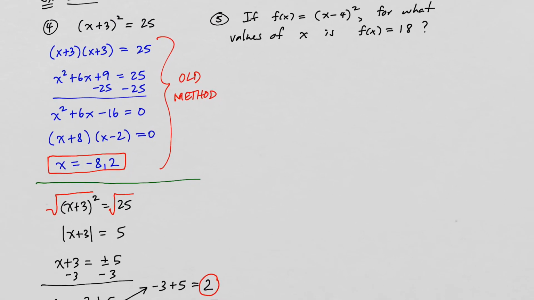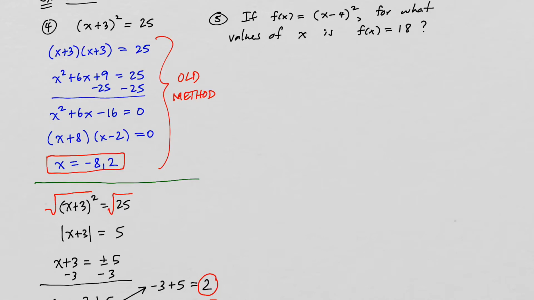Okay, so for the next problem here, it says f of x equals the function x minus 3 quantity to the second power, and for what values of x is f of x equal to 18? So we have f of x equals x minus 4 squared, and we want to know when does f of x equal 18?